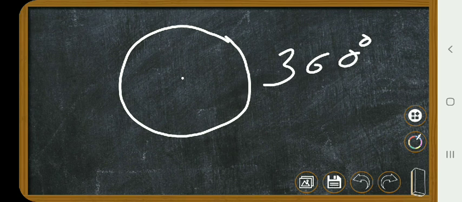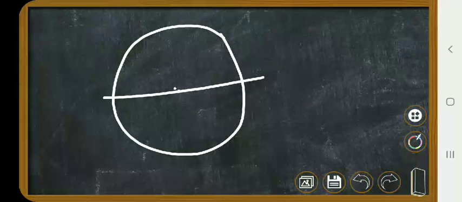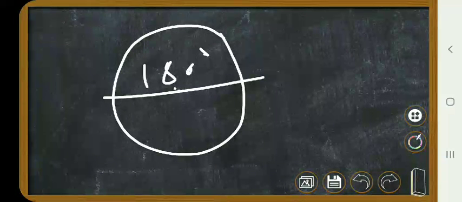Now, very important, the measure of a complete circle is 360 degrees. This full circle is 360 degrees. If you divide it into two equal parts, see, this will be 180 degrees and this will be 180.